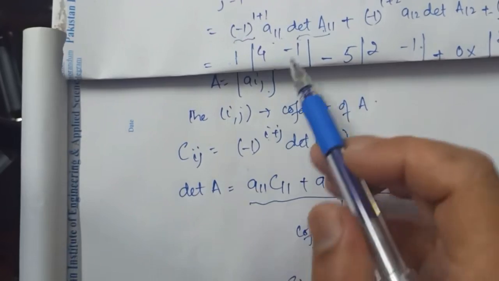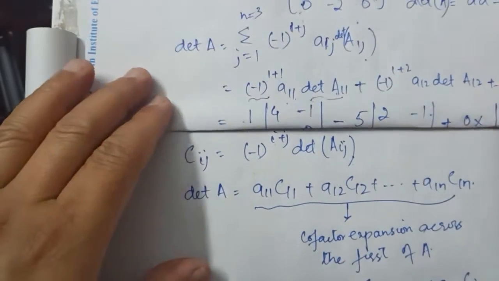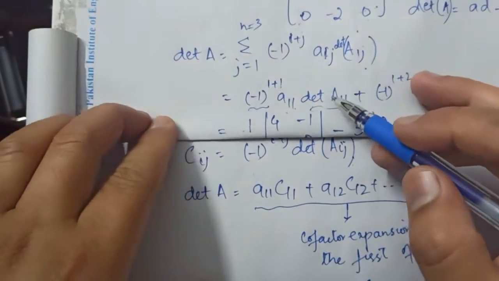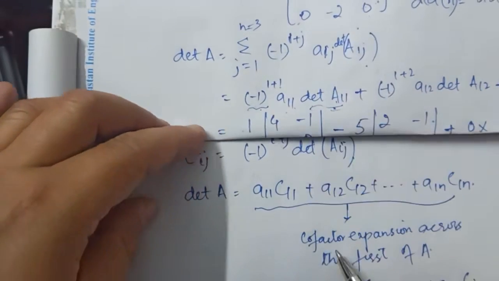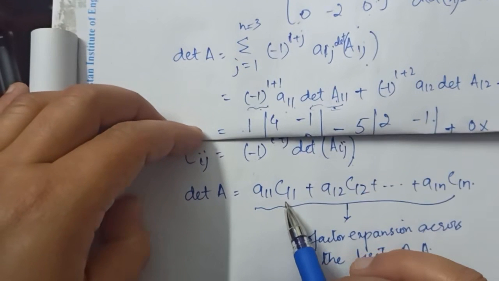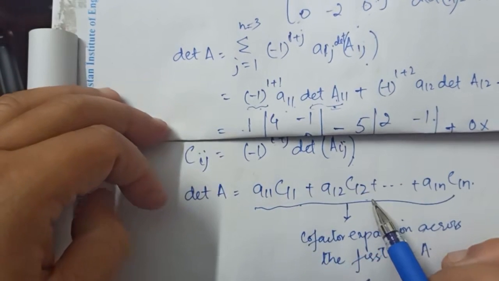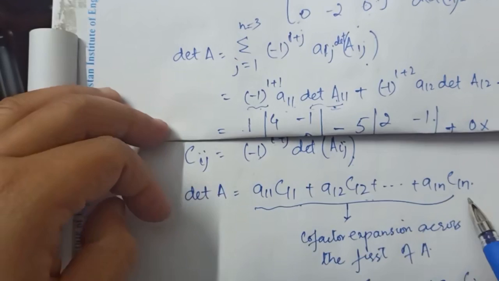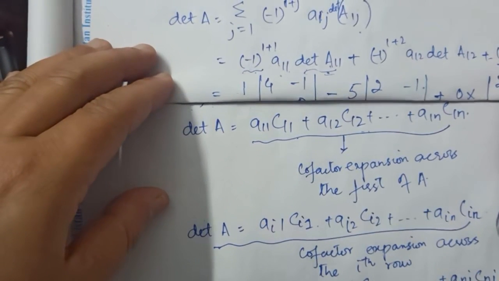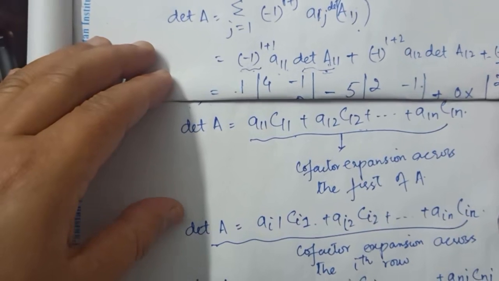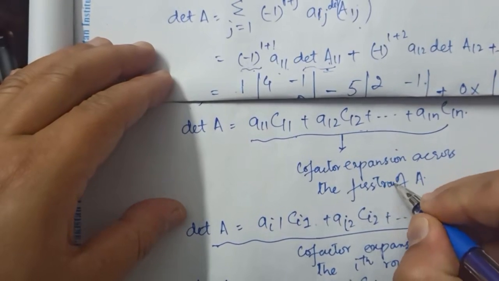So if I simplify this in the cofactor form, I can write the determinant of A straight away as A11 times C11, A12 times C12, and A1n times C1n. So this is the cofactor expansion across the first row of A.